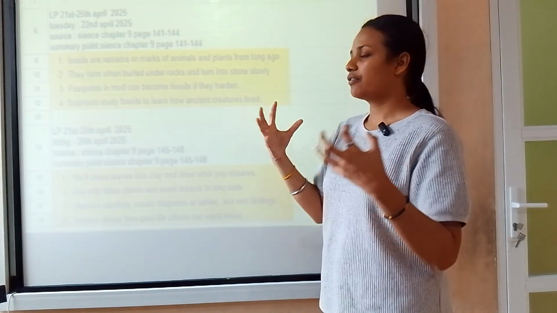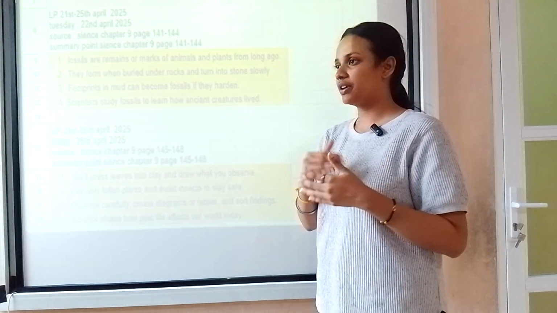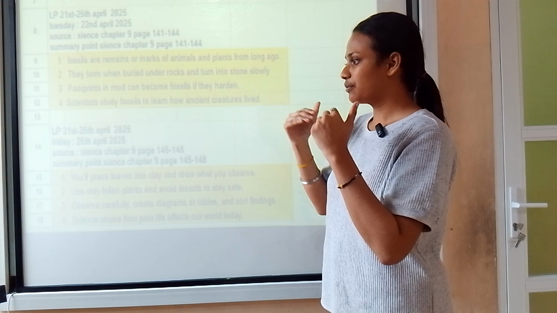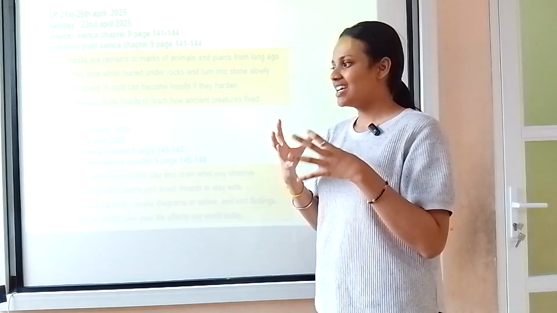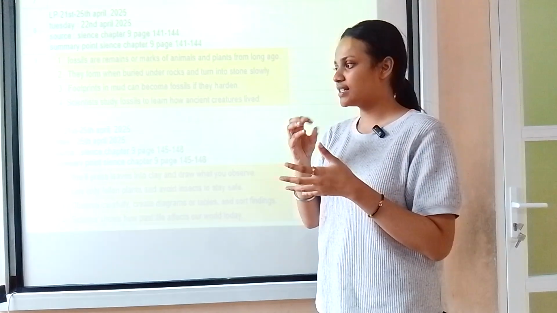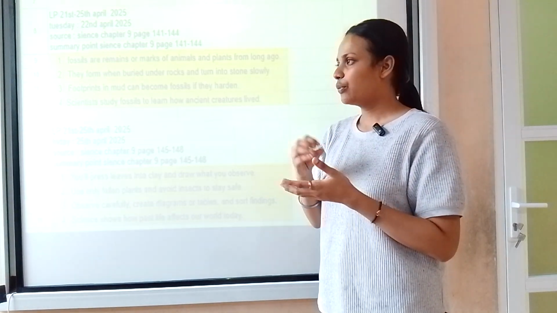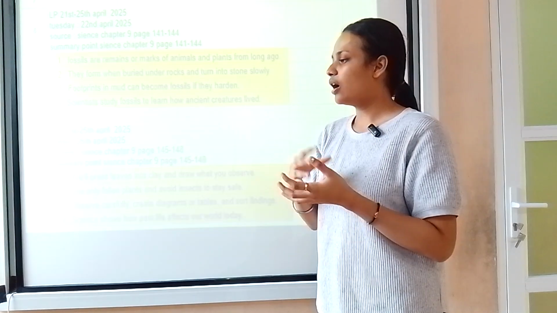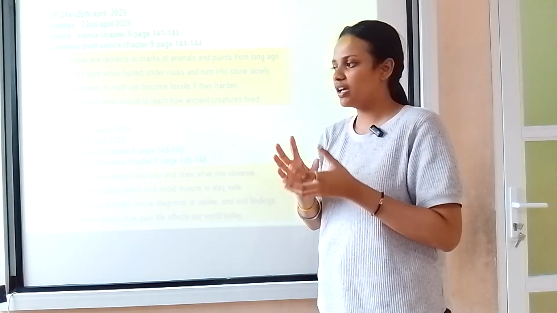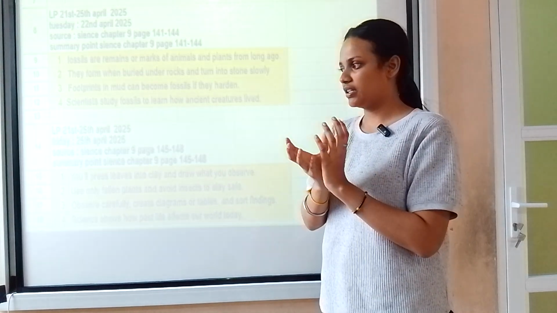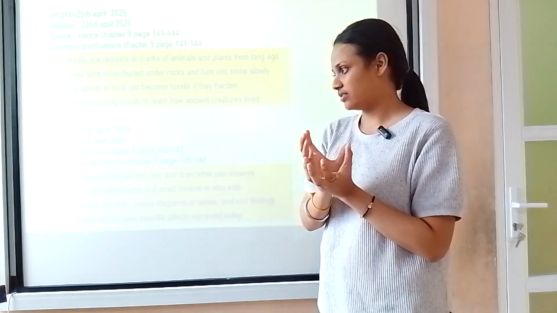So fossils are formed by being buried under rocks, mud, and sand, and then slowly that sand and mud become hard and turn into stone, so they become a fossil when the mud becomes stone.